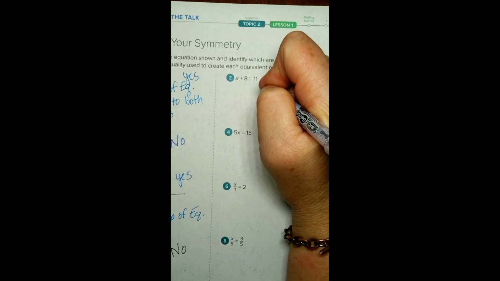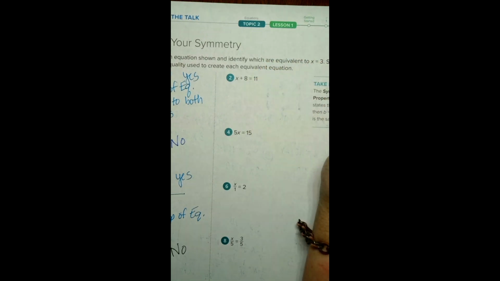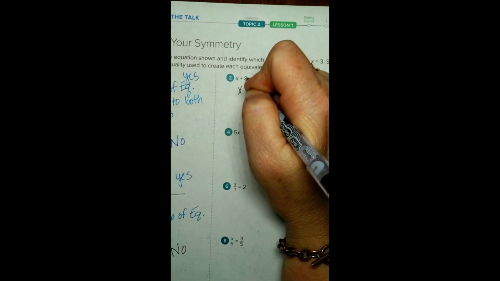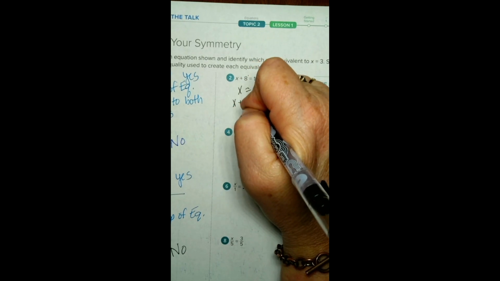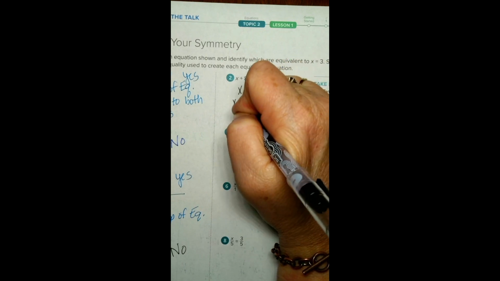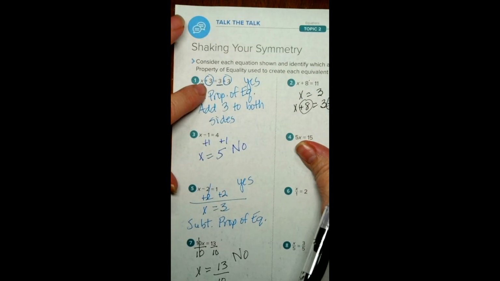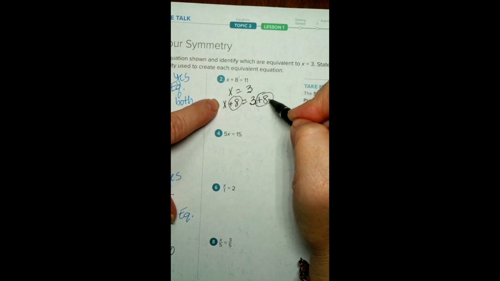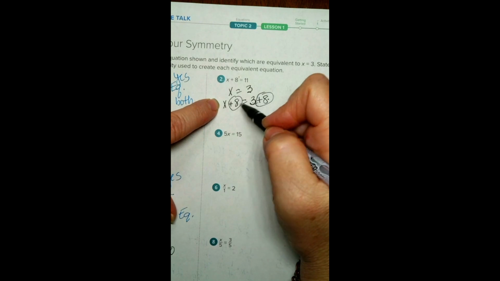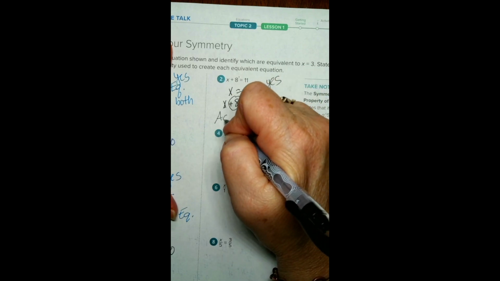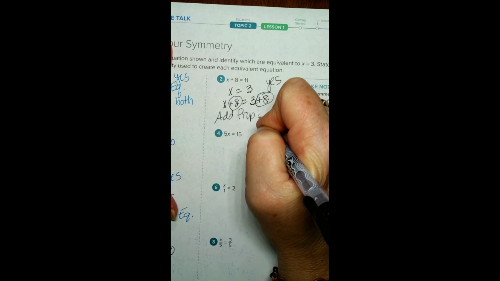Okay, so if we had x equals 3 and we added this 8 to both sides, just like it was over here, we're adding the same thing. So adding 8 to 3 and adding 8 to x. So this is a yes, and it's the addition property of equality.